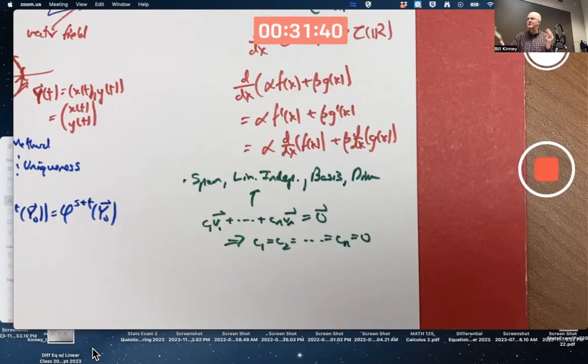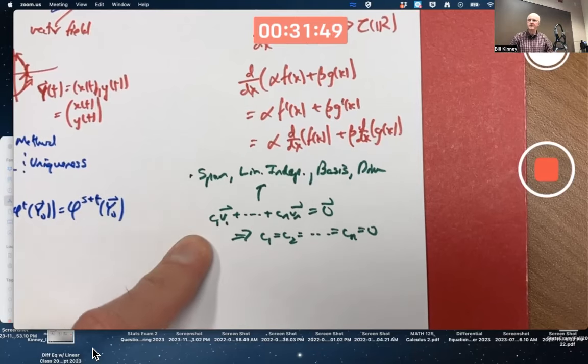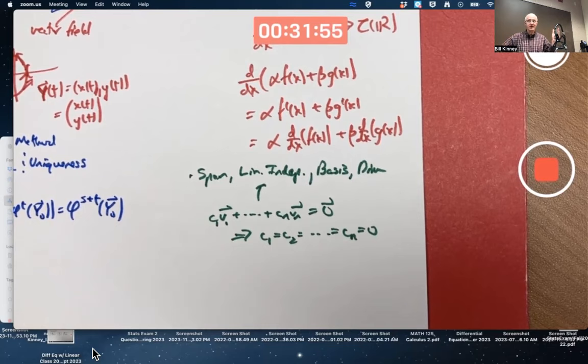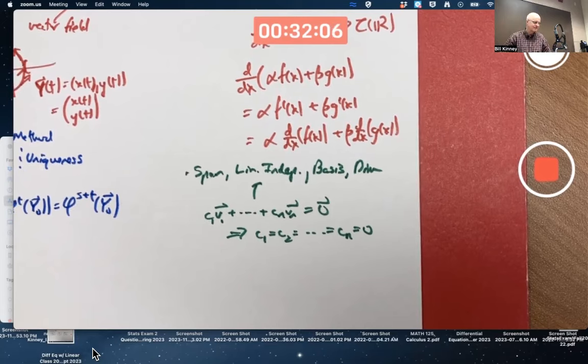Or if the zero vector is one of them, then it's a linearly dependent set. Once you get to three and more vectors, then it gets harder. You've got to think about the more general definition. Though in R3, for example, if you had three vectors that were all on the same plane, then they would be a linearly dependent set of vectors. That would be one way to visualize that.